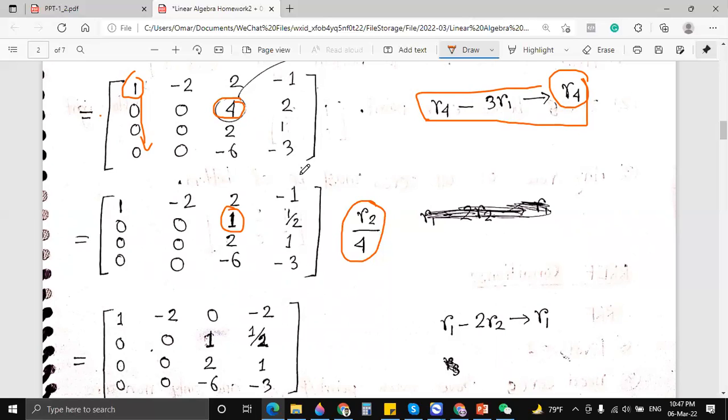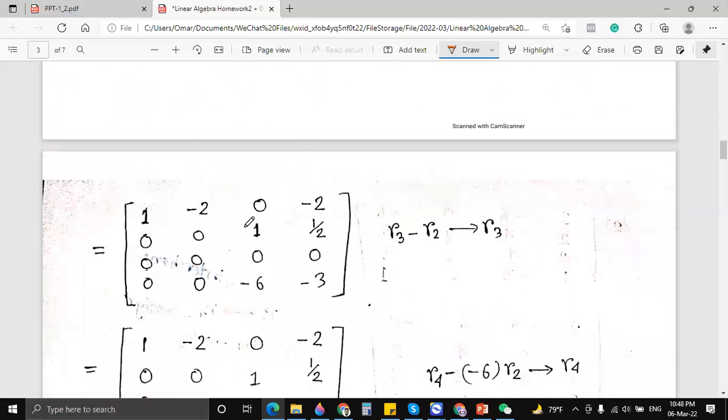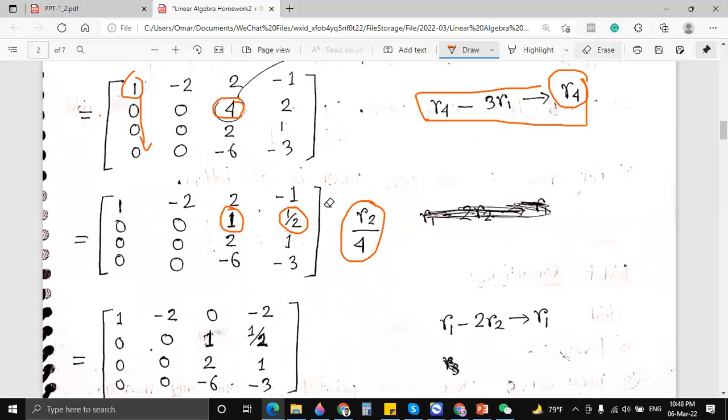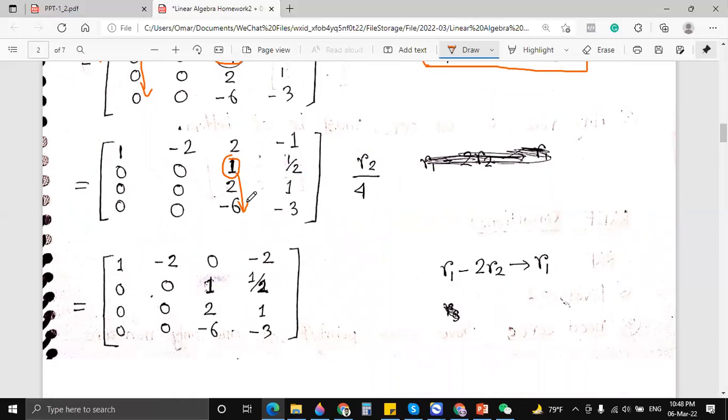2 by 4 is 1 by 2. Okay, the next line. Now I need all the entries below and above this pivot point to be 0. So I can just multiply the second row by 2.